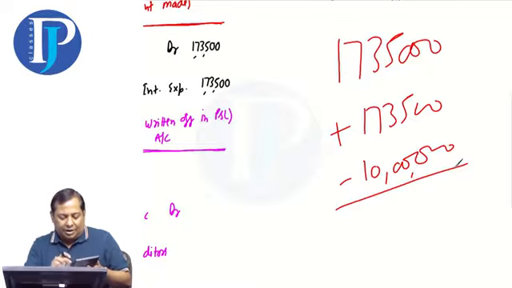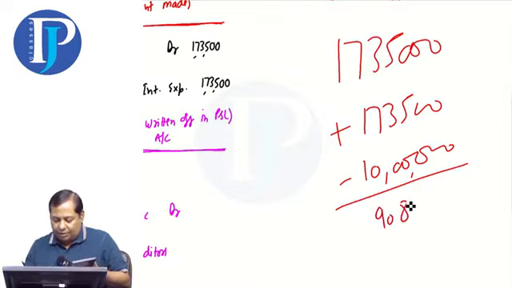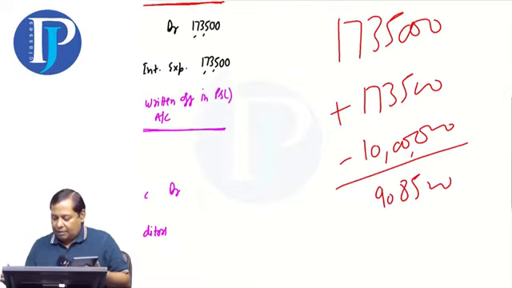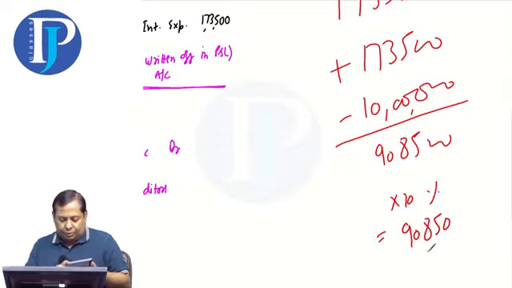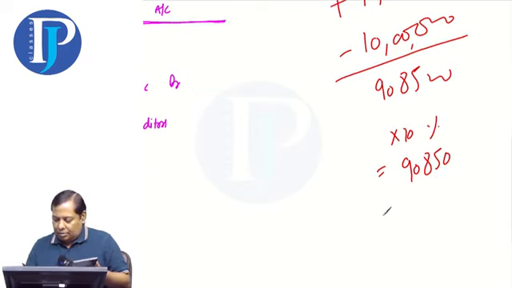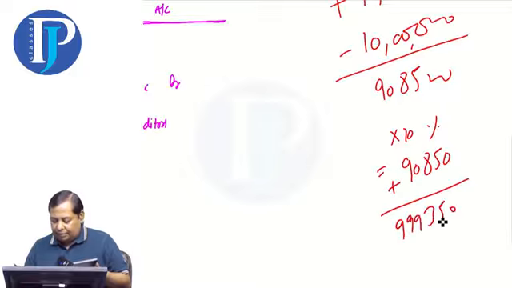Balance will come 9,08,500. If I take 10% of this, it becomes 90,850. I added this. So students, this becomes 9,99,350.